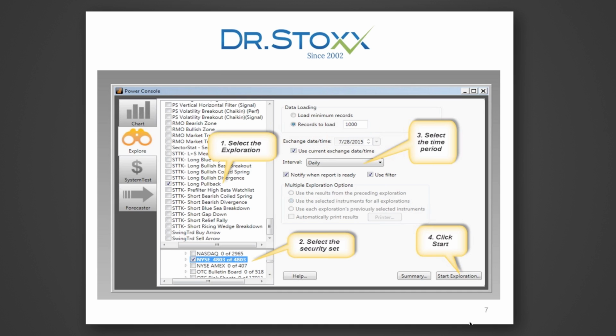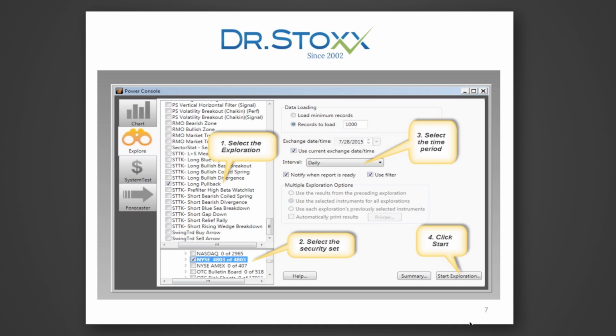It's all here. Even drilling down into different industries. So, for example, if you wanted to run the long pullback exploration on, let's say, the utilities or on technology stocks, you can do that. You just simply highlight technology stocks down here in this lower box.